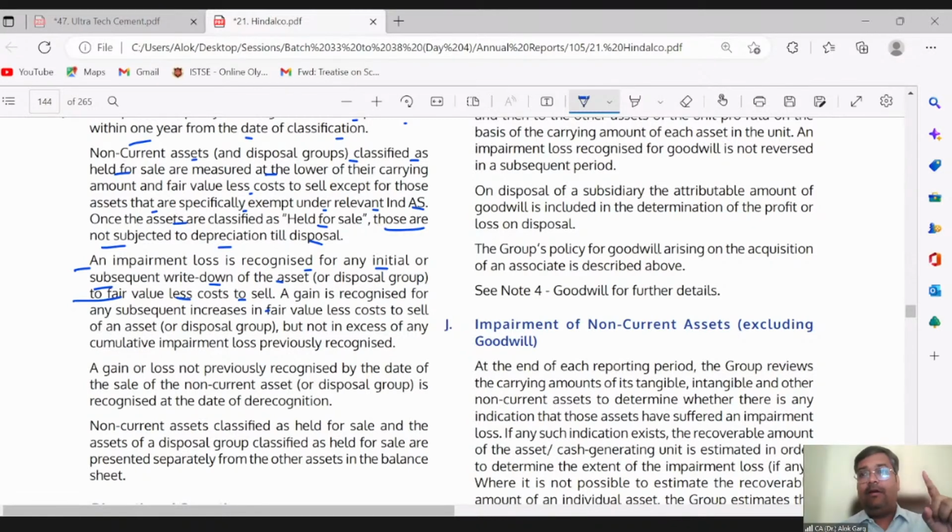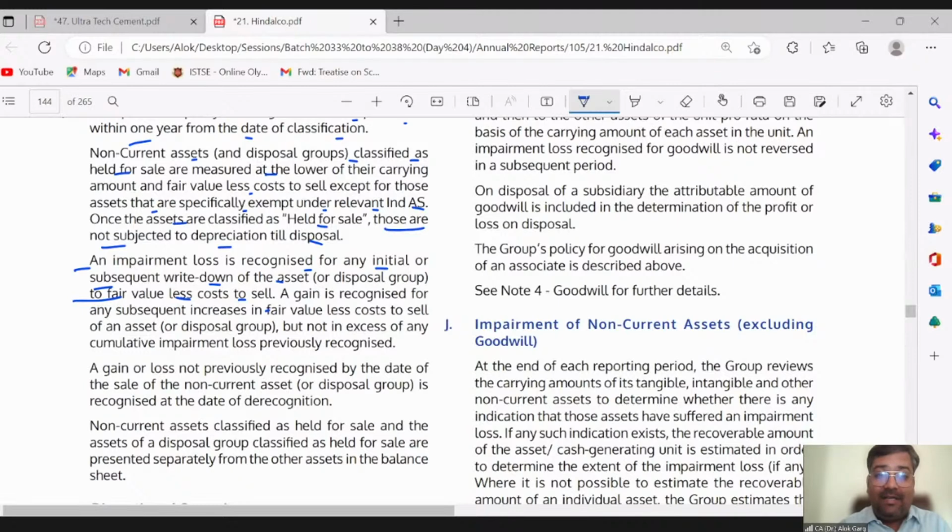When you classify from PPE to Ind AS 105, you have to recognize at the lower of carrying value and fair value less cost to sell, and whatever decline is there has to be recognized as impairment loss. And subsequently, if there is a further decline from initial recognition to the reporting date, it will again be recognized as impairment loss.